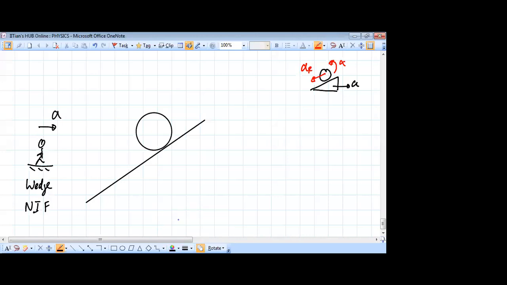So in this reference frame, the forces acting would be pseudo force, and pseudo force will act through the center of mass, weight, normal reaction, and rolling friction.